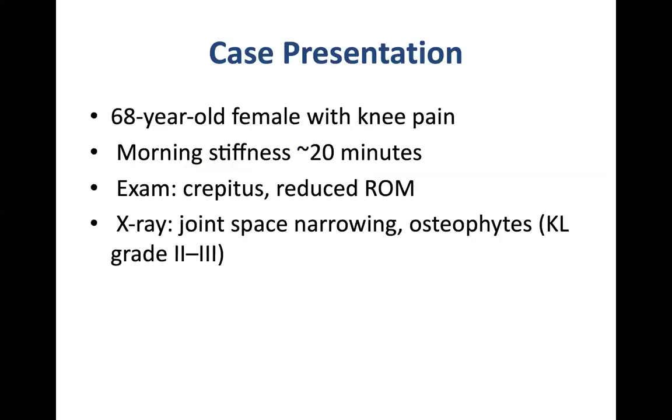You have a 68-year-old female who presented with knee pain, and she has morning stiffness that lasts more than 20 minutes. You examined the patient and found crepitus and decreased range of motion, and it's diagnosed by X-ray that she has osteoarthritis, joint space narrowing, and osteophytes.